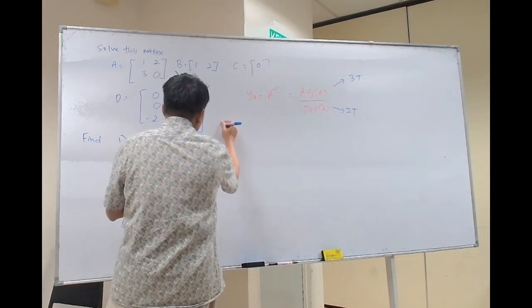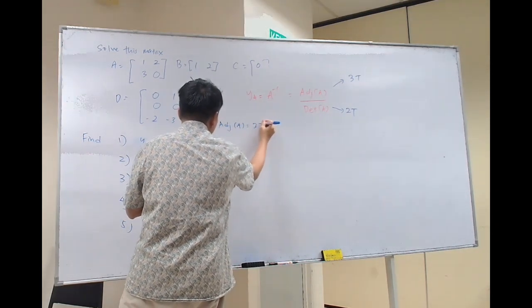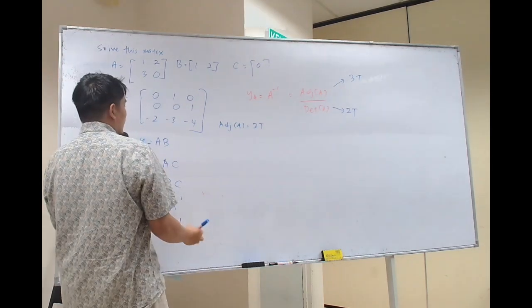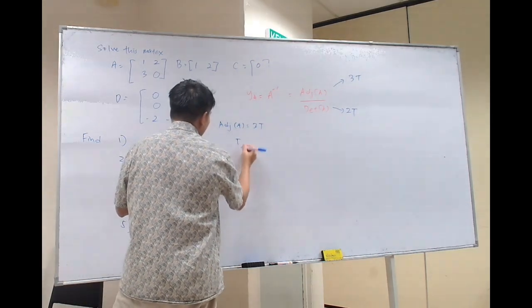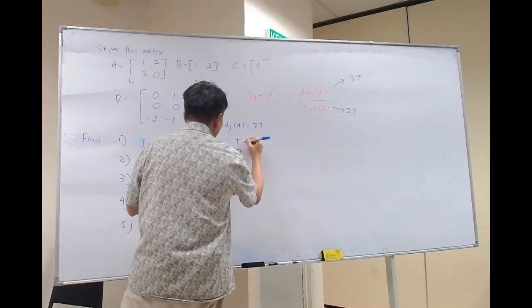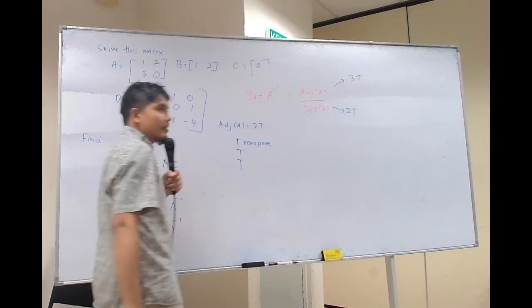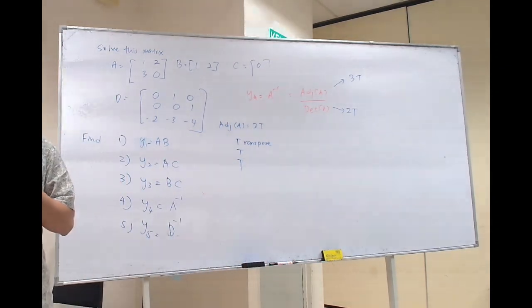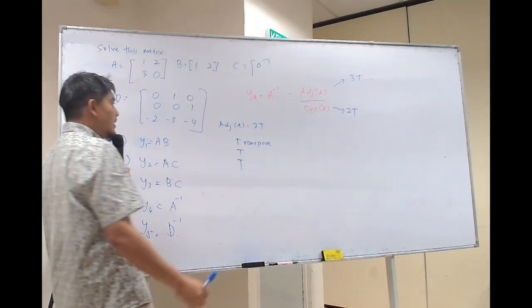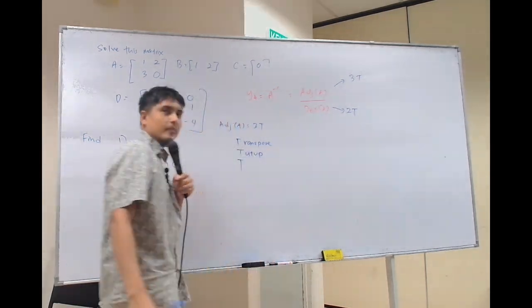If you look at the adjoint, the technique is 3T. It means that you have 3T. The first T is transpose. The second T is tutup.